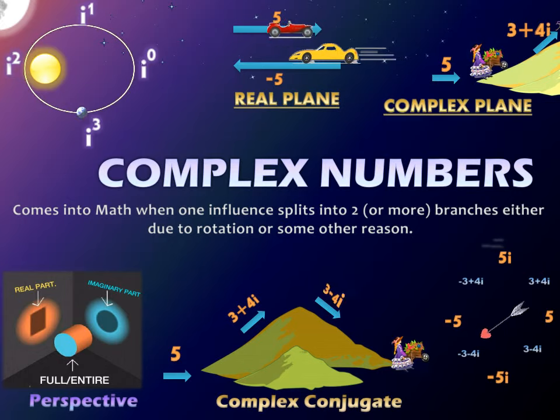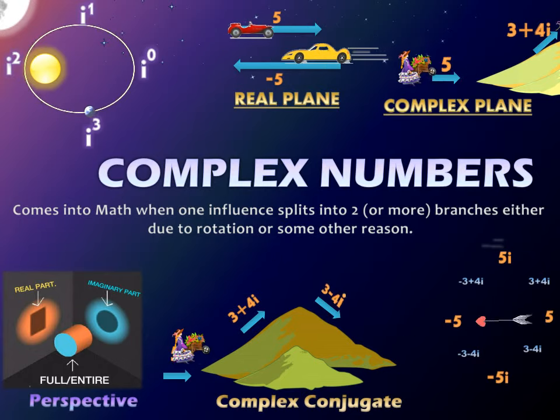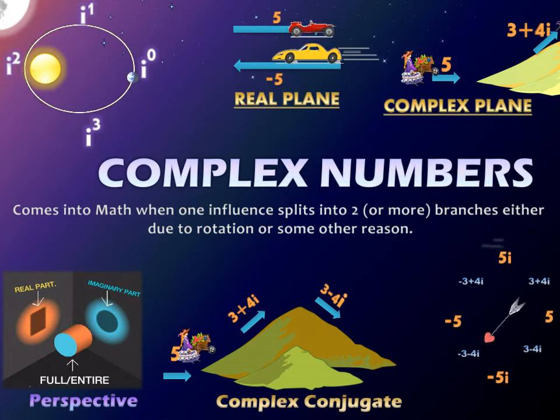Minus 5 means the magnitude is still 5, that is the length of the arrow hasn't changed, but now the direction is opposite, it has rotated by 180 degrees. Minus 3 minus 4i again means that the length of the arrow has not changed, because if you take the magnitude, square root of 3 square plus 4 square, it is still 5, but there is a certain angle.